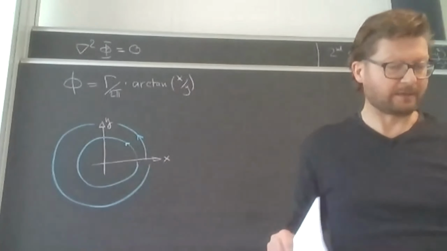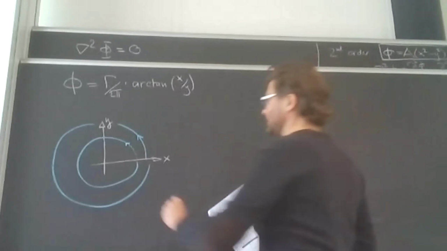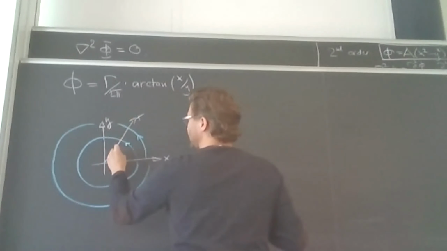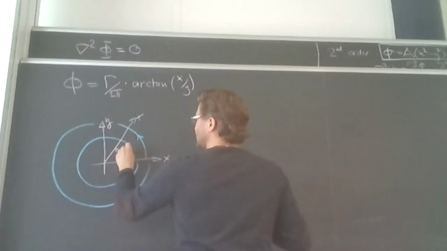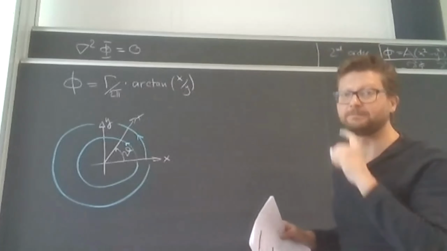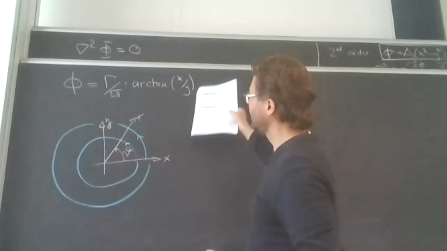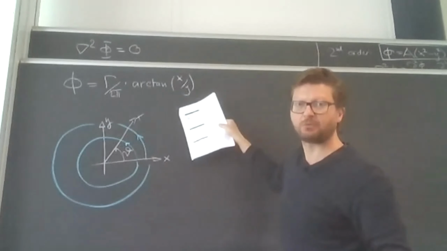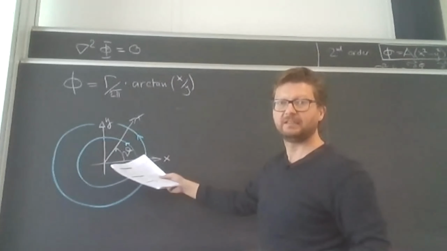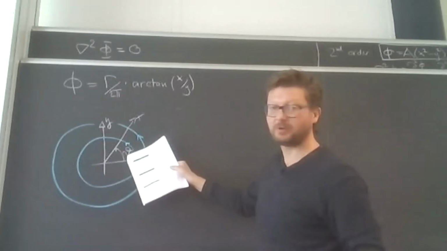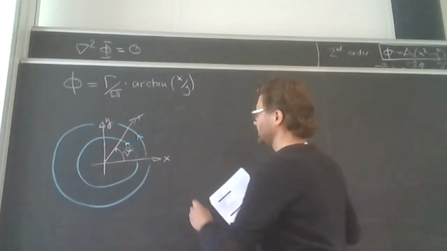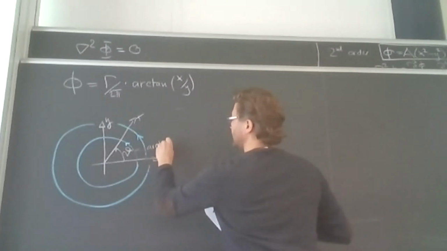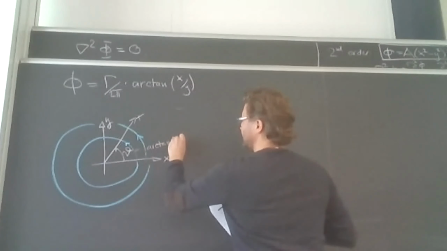It's actually worthwhile to go into a coordinate system with a radial coordinate r and an azimuthal angle theta. And if you look at what arc tangent of x over y actually is, it is nothing but this angle theta.